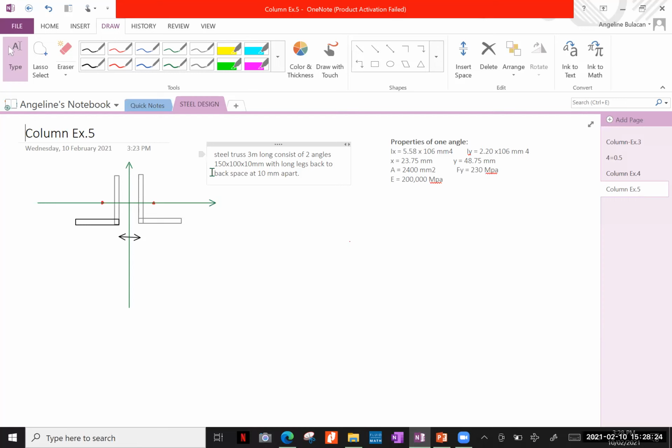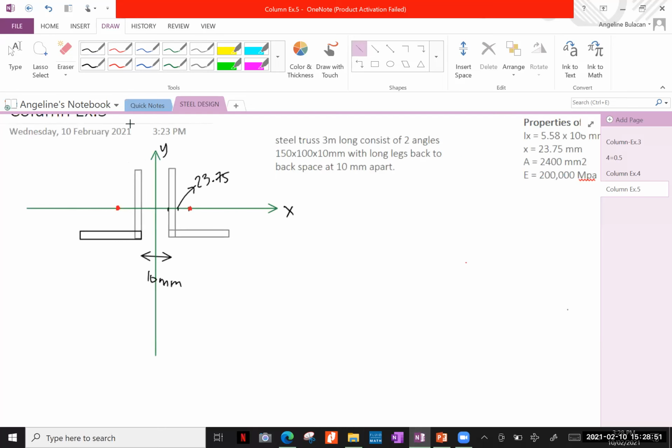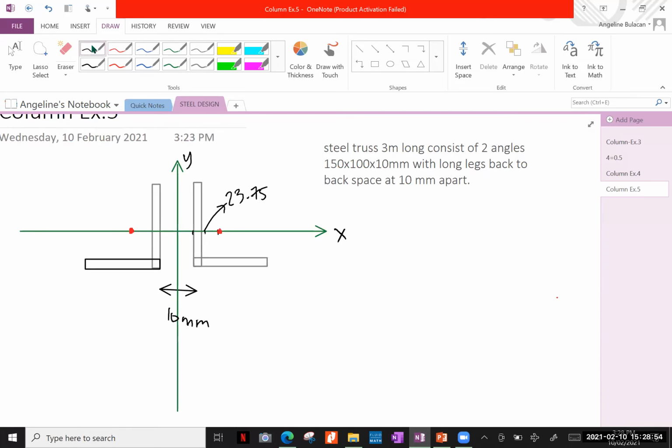So, sorry, this is your x. This is your y. This is 10 mm. Itong distance na to, this is 23.75.